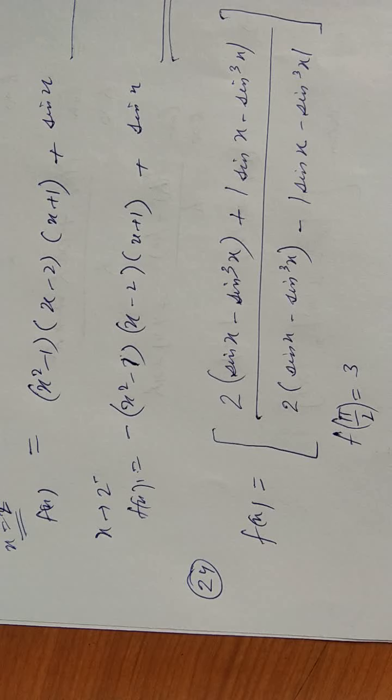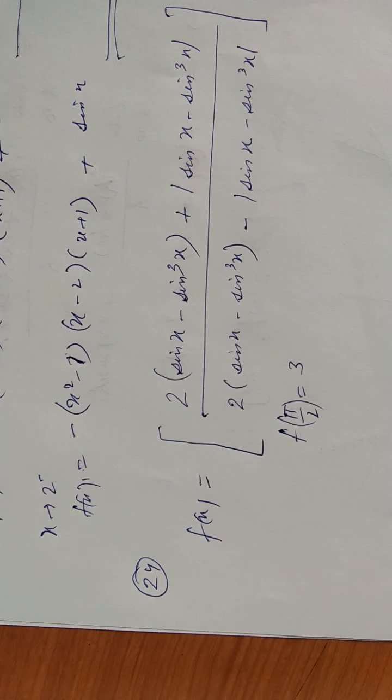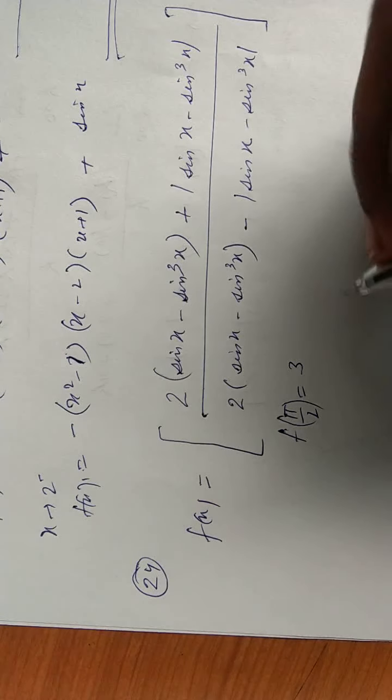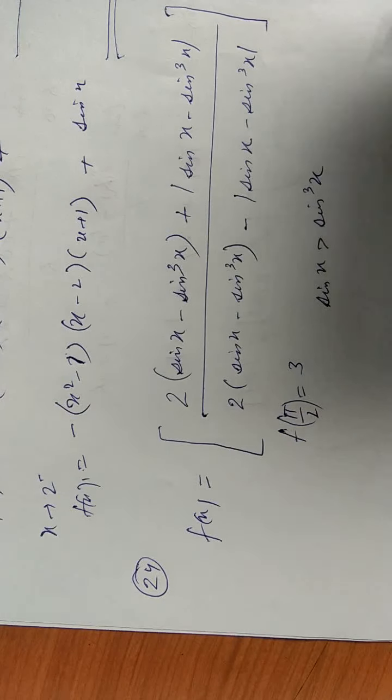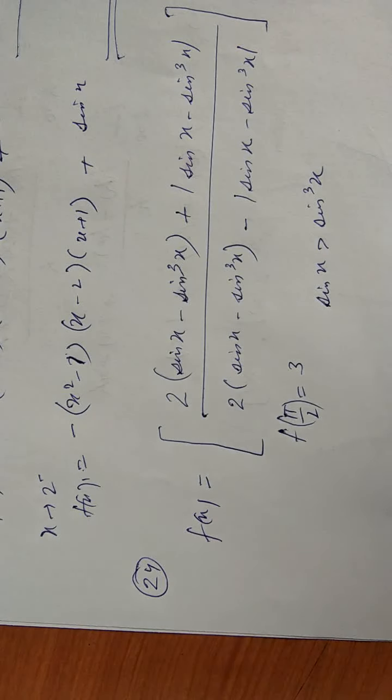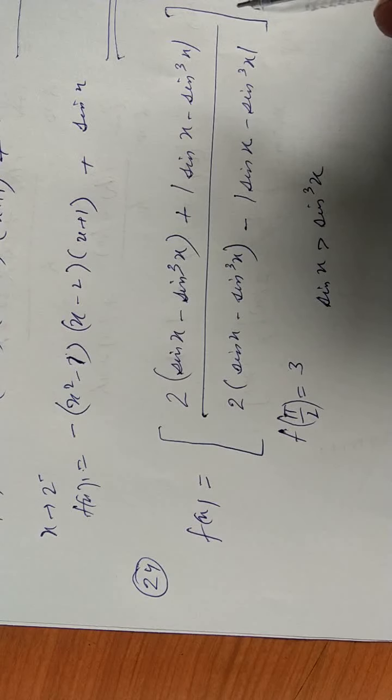So what happens at pi by 2 positive and pi by 2 negative is, we know that at pi by 2 positive and pi by 2 negative, sin x is greater than sin cube x. Okay, so mod of sin x minus sin cube x is going to open with the positive sign.